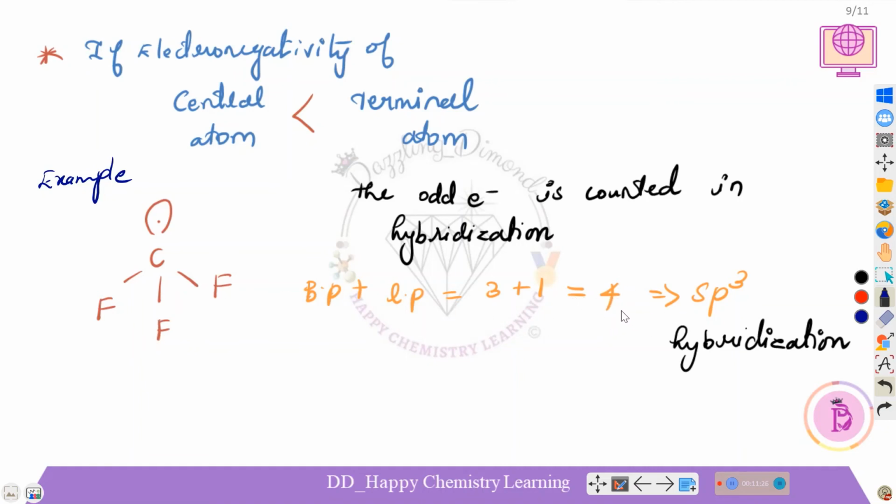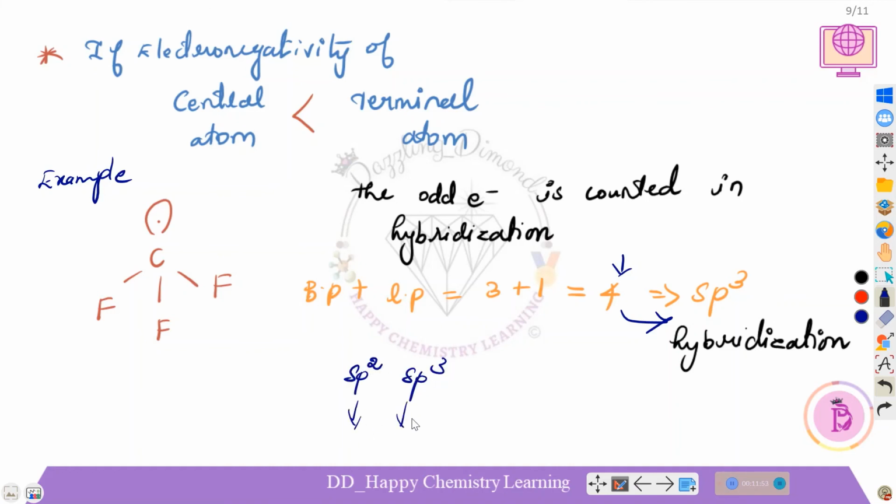So that will correspond to sp3 hybridization. Okay, you can see the difference right here. The difference in the electronegativity leads to the difference in the count, and finally to the hybridization difference. So one has sp2 and another one has sp3.